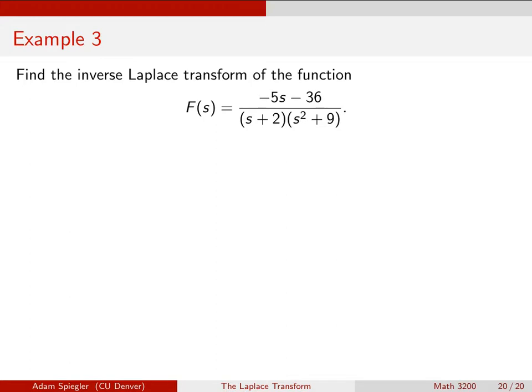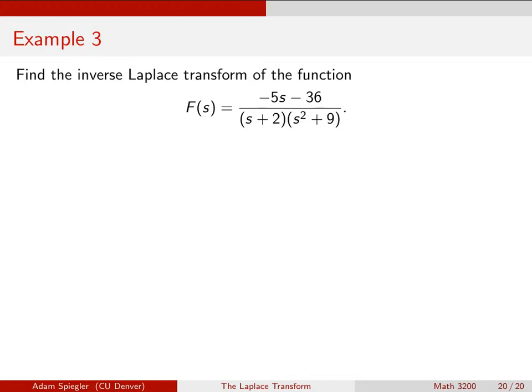Okay, so we want to find the inverse Laplace transform of F of s, which is minus 5s minus 36 all over (s plus 2) times (s squared plus 9). Yowza. Okay, so the bottom is factored. Whenever we can factor it, the first thing that you should try before you try any sort of completing the square is to factor the denominator and then use partial fraction decomposition.